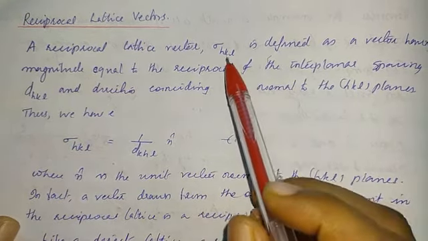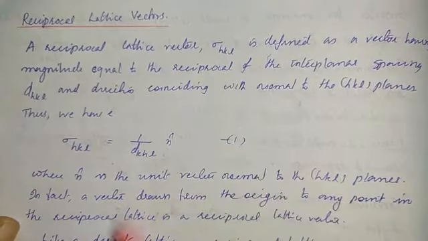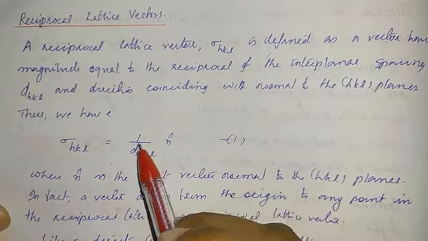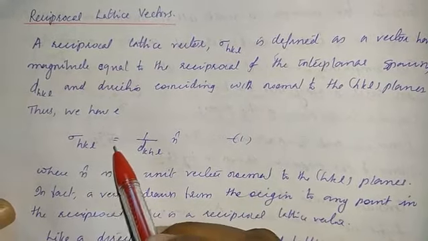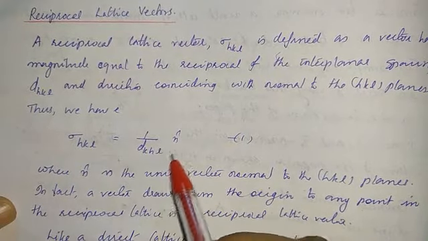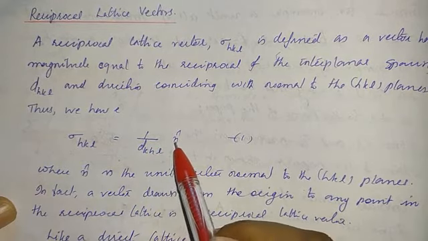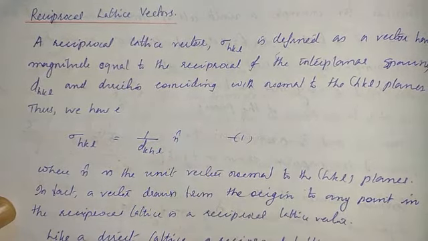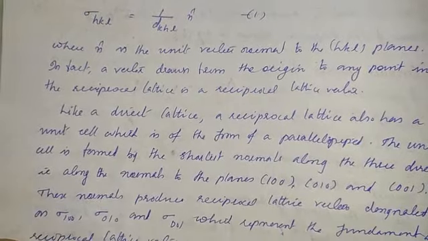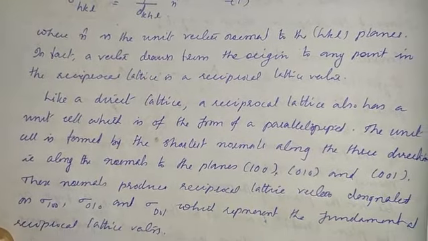So we know the length of this vector will be the reciprocal of the interplanar spacing. So it can be defined as sigma HKL equals 1 by DHKL times n cap, where DHKL is the interplanar distance and n cap is the unit vector in the direction of normal to the HKL planes.